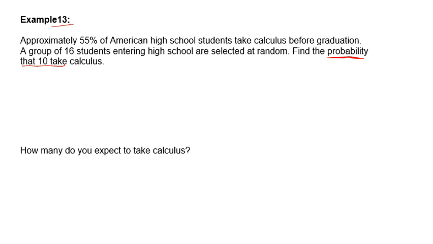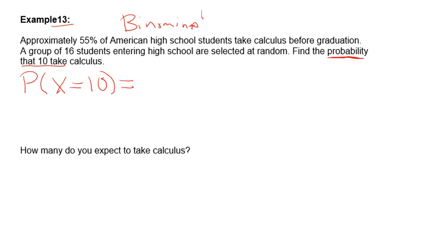Well, if I want to know the probability that 10 of the 16 are taking calculus, I must be counting how many. That indicates this is a binomial problem, right? Binomial. Okay? Meaning that we're looking for the probability that x is equal to 10.